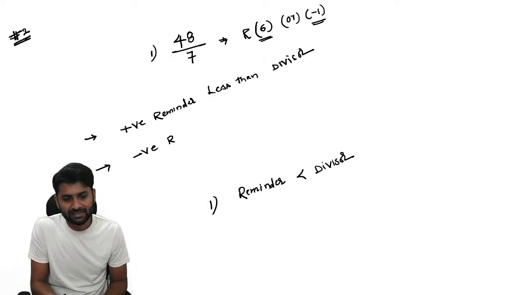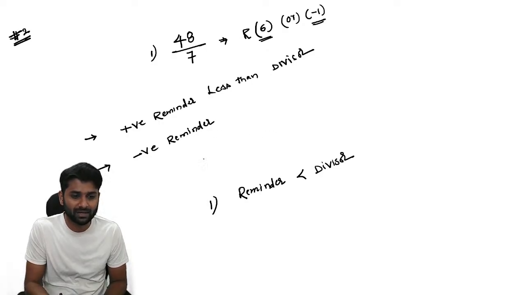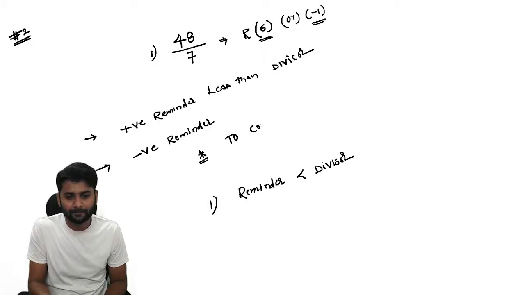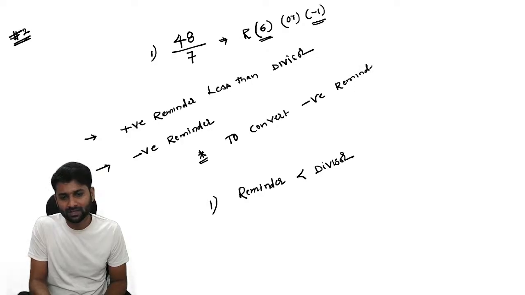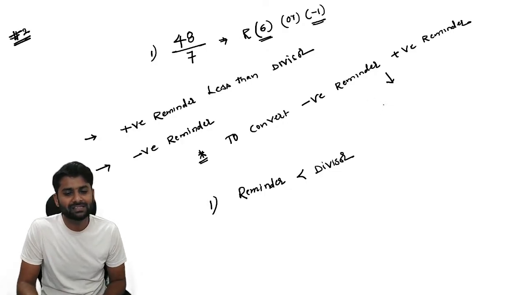What about the negative? Guys, you can consider the negative remainder also. If you consider the negative remainder, then you have to know this point. To convert a negative remainder to the positive remainder, the value is added to the divisor.